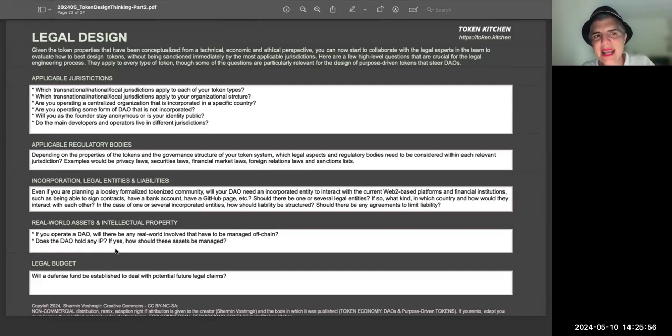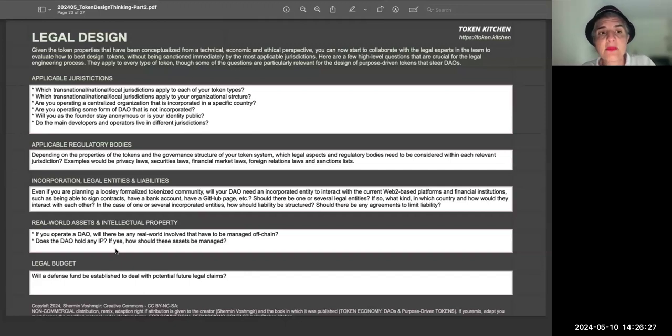But in the case of a DAO, it makes sense to understand whether the jurisdiction which applies, how they would regulate DAOs, or if they're not regulated at all. But there is no such thing as non-regulated. Usually some kind of general regulation takes over in this case. The next question: are you operating a centralized organization that is incorporated in a specific country?